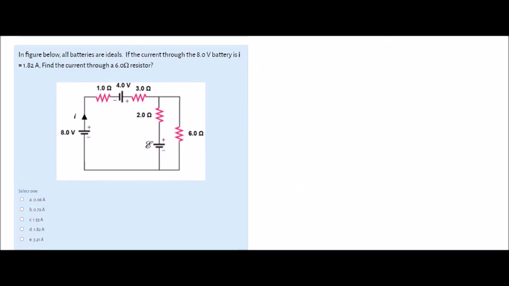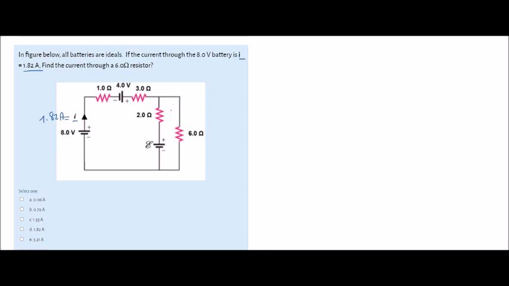Next question, we still stay in circuit. In the figure below, all batteries are ideal. We have 3 batteries, 8 volt, 4 volt, and E, which we don't know. If the current through the 8 volt battery, the current I, is equal to 1.82 ampere, find the current through the 6 ohm resistor.